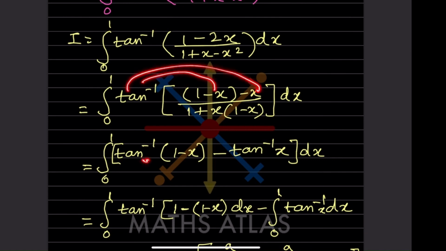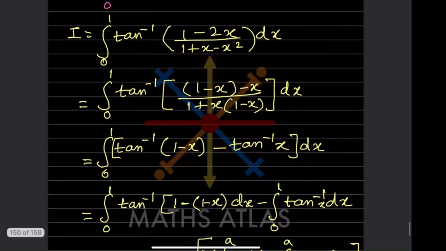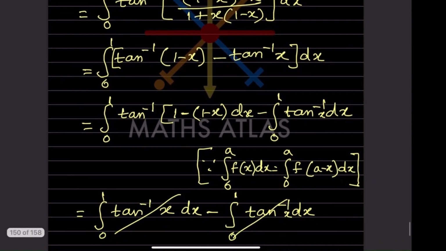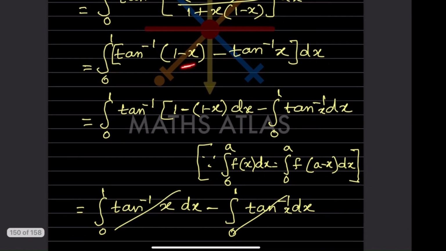So in one place we will write tan inverse of (1 minus x), and this minus sign is here, and this again, as I said, will be tan inverse x, dx.